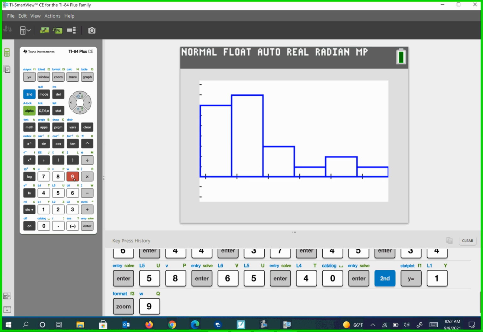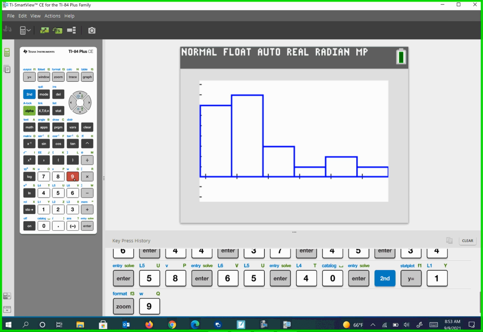If I were to try and draw in a normal curve here, what do you think? Skew right, skew left, normal? Skew right. This is pulling it to the right. If we did our one variable stats on that information, I would say just by looking at it, our median is going to be a lower value than our mean.